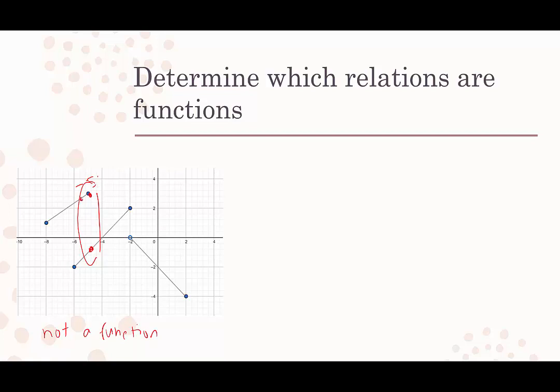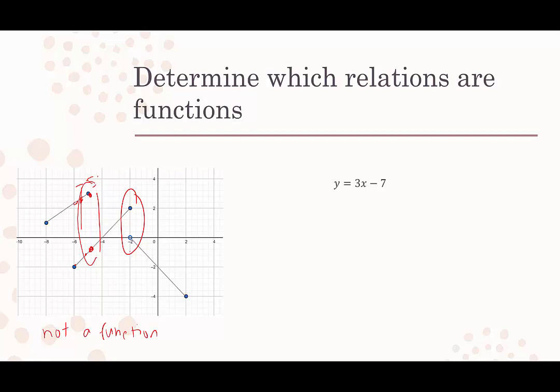There's a point here and a point here. There's a point here and a point here at -6. If we had open circles and they didn't overlap like that, like right here at -2, that wouldn't violate whether it was a function or not, because here at -2, it only maps once. The open circle indicates it didn't map a second time. If we had a series like that, then it would be a function, but we don't, so it's not.